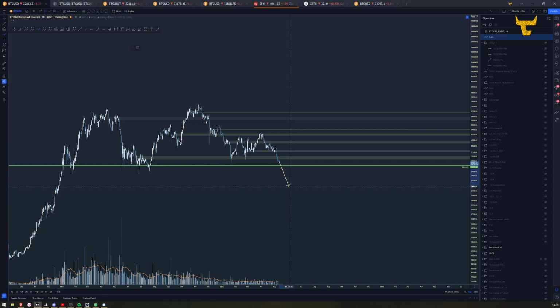This is a wide range, so we'll try to find a way to be more precise, of course, by looking at smaller time frame counts, confluence, Wyckoff, and signs of reversal.